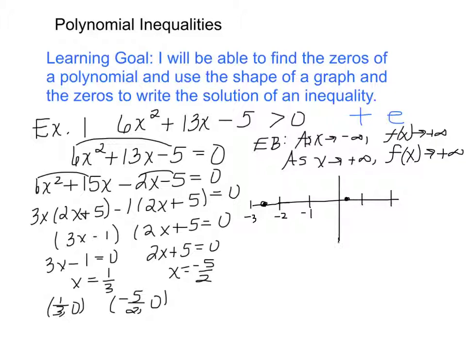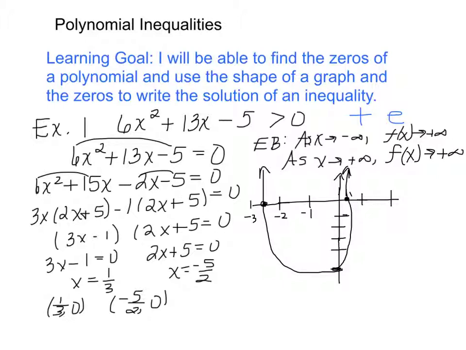And my y-intercept is at 0, negative 5. So it looks something like this shape.